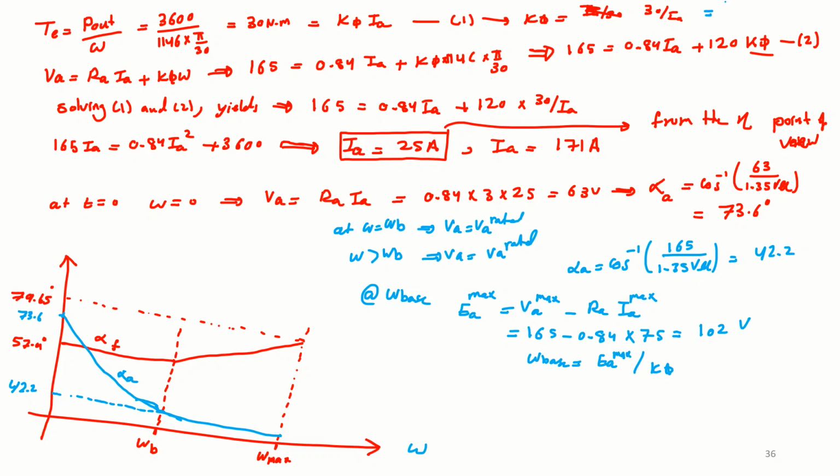K phi will equal 30 over 25. If we do the math, this will equal 102 multiplied by 25 over 30, and this will equal 85 rad per second.